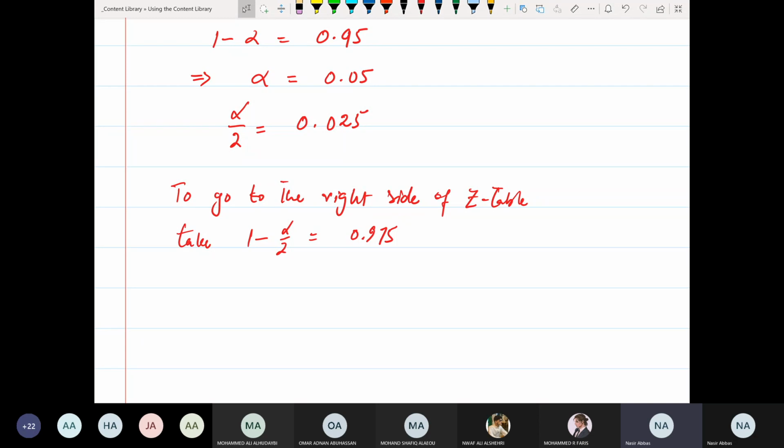Once you are done finding 1 minus alpha by 2, go to the Z table and look for this value inside the table.